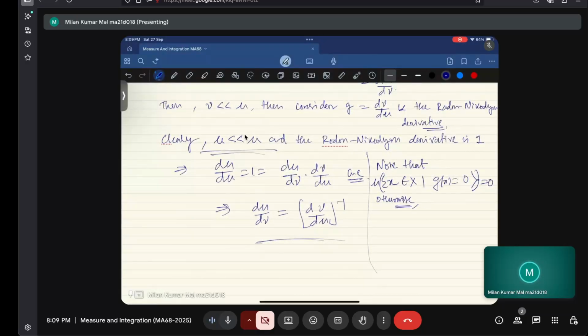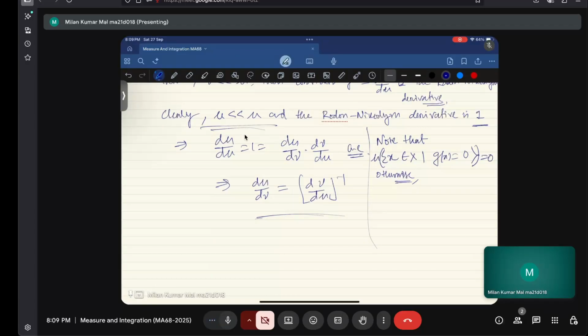In that case, the Radon-Nikodym derivative is 1, so it is the function which is 1 everywhere, or almost everywhere on the set X. This is what I have to prove only.